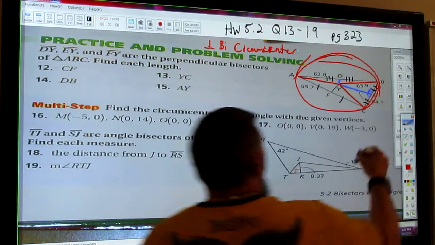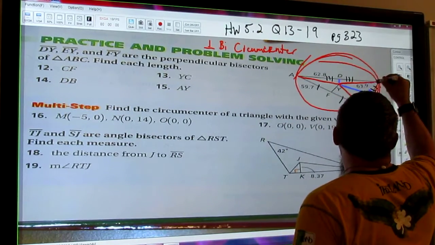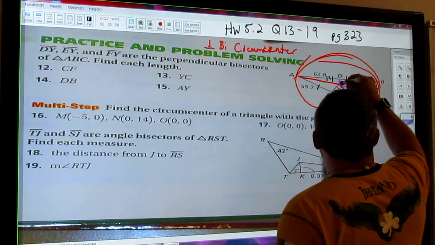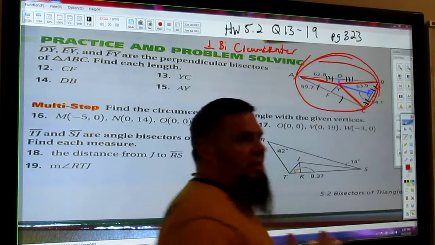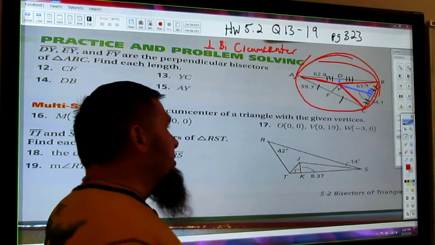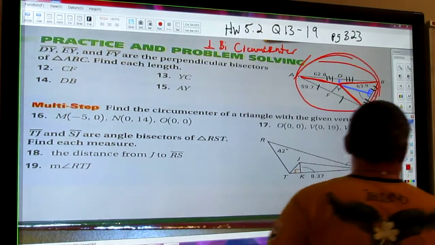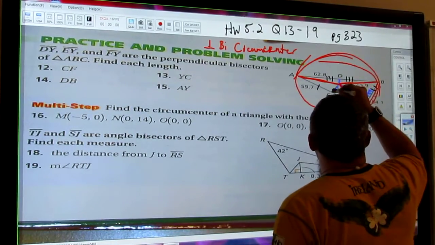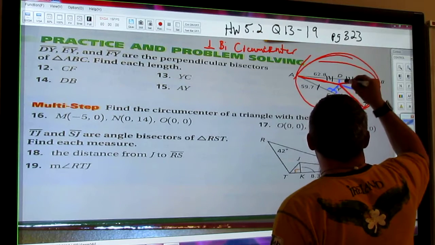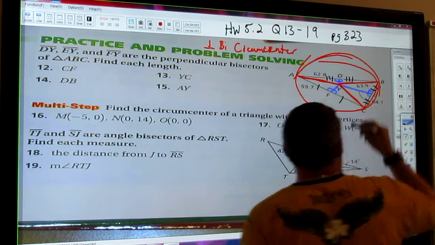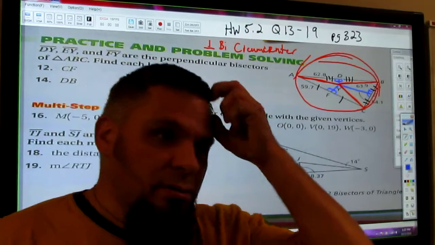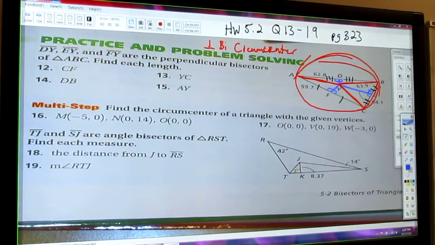And that's what these are. These are the radii. So those are all equal to each other, the red ones. The blue ones are not equal to each other. They are perpendiculars. See what I mean? They may not look it, but they are. Okay? So those are perpendiculars.